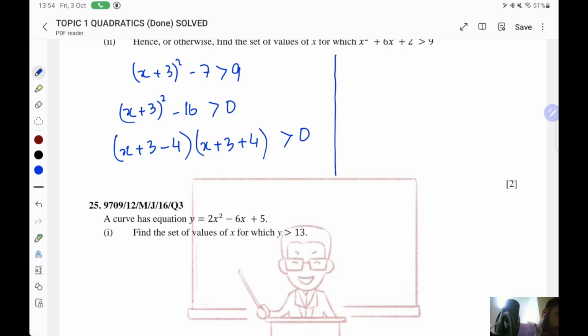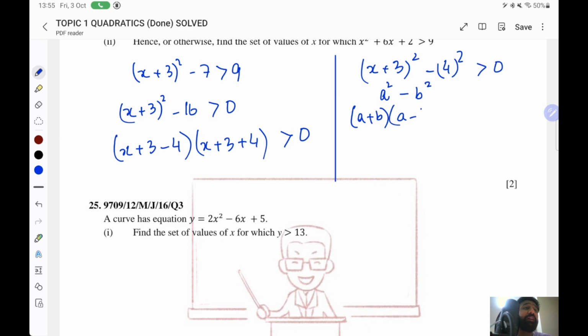The reason is, look here, can you write (x plus 3) whole square minus 4 whole square greater than 0? Does this now look to you as an identity, a square minus b square, and can you write it as a plus b and a minus b? So that's what I have done only. One time I have added plus 4, and the other time I have written minus 4. Is that clear?